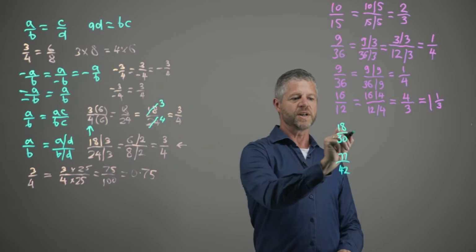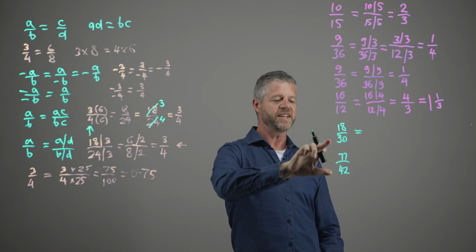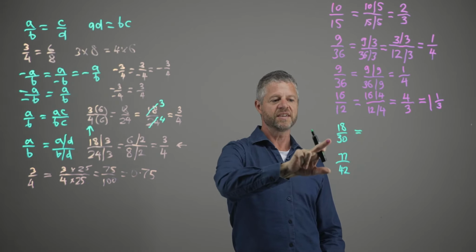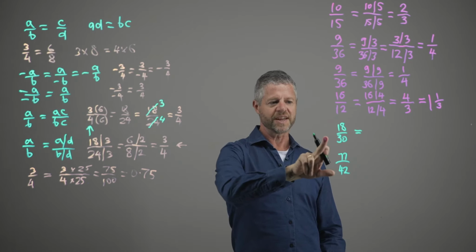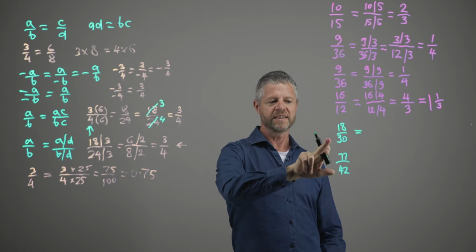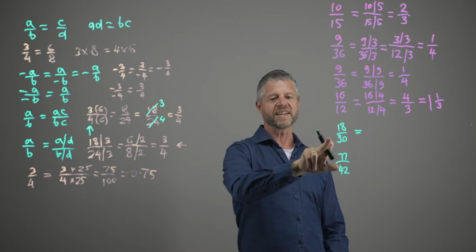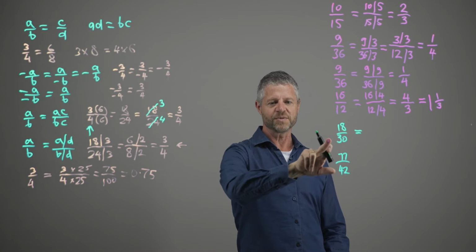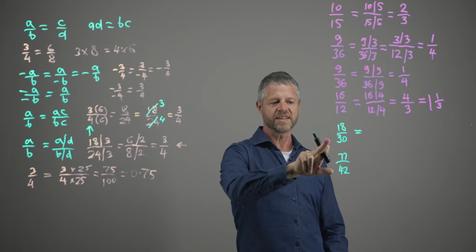So for this first one, we need to find a common factor for 18 and 30. So they're both even numbers, so 2 is a common factor. They're both divisible by 3, so 3 is a common factor. But 6 is actually a better common factor to work with here, because that's the greatest common factor in this case.